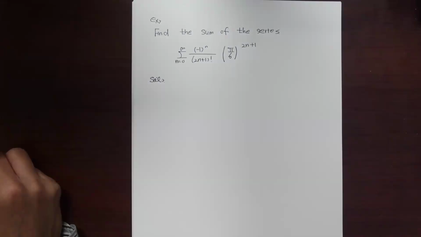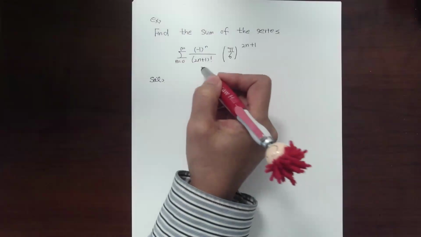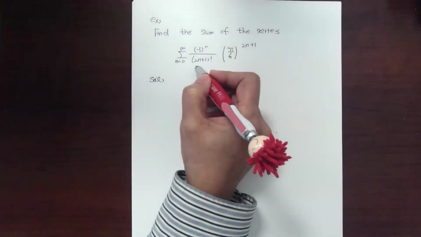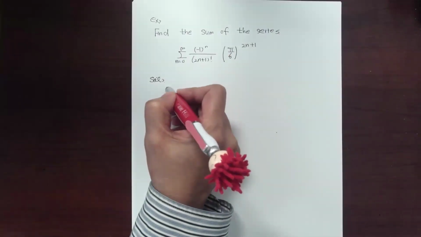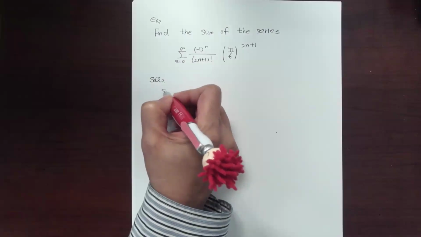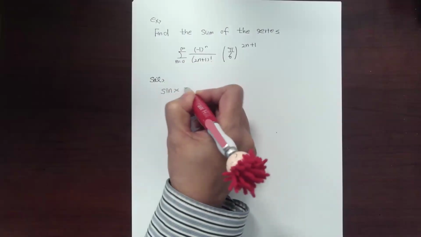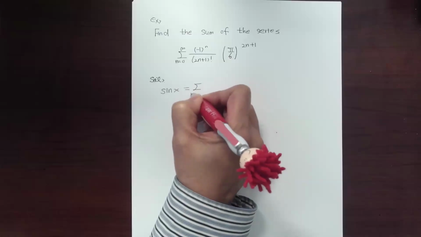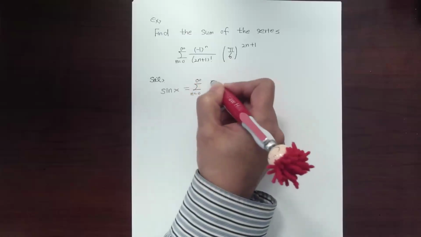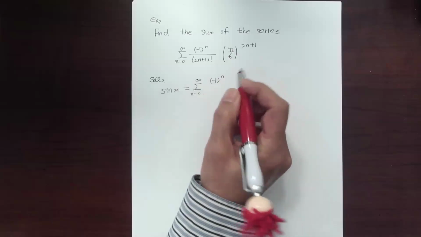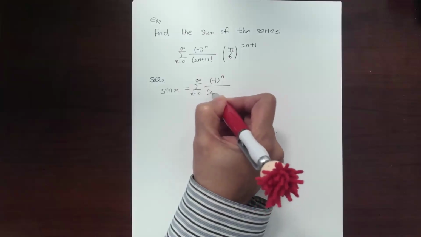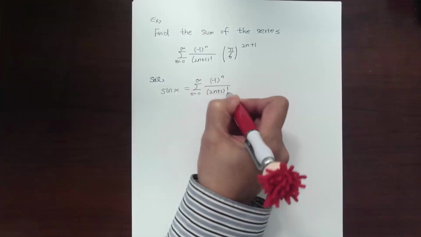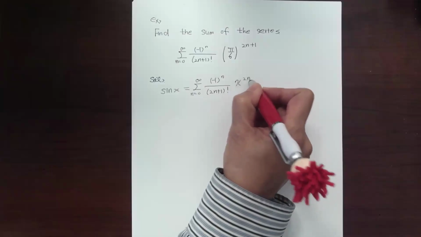In this case, what you have to notice is this is odd degree power, and these numbers are the same. So you should be able to relate that with the Maclaurin series of the sine function. That goes summation -1 to the n power over 2n plus 1 factorial times x to the 2n plus 1.